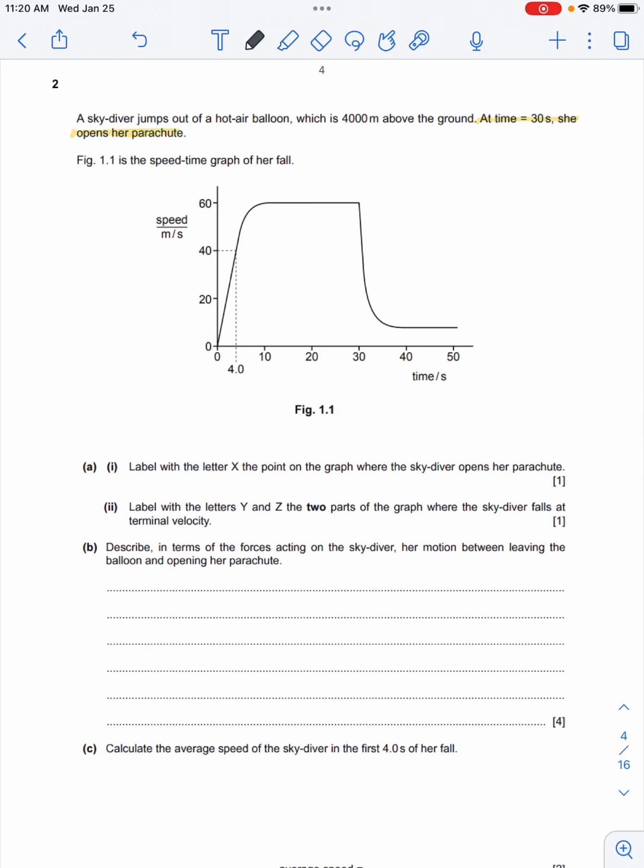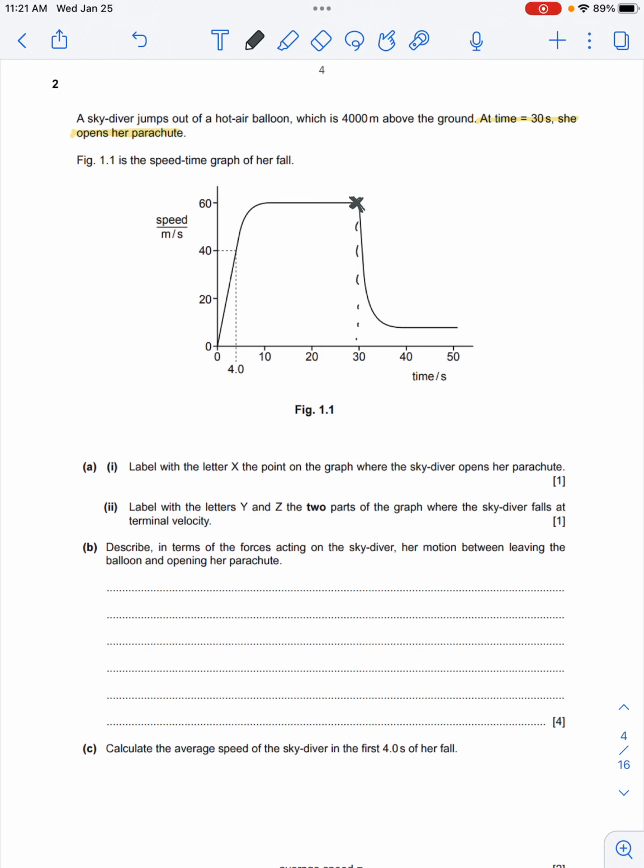So at 30 seconds we're going to draw a little X, and you'll notice that the graph does have a very radical change happening at that point, which makes sense because she's falling on her own, just gravity and friction, and then suddenly she has a very large drag force introduced from the parachute, and that's why the graph changes so dramatically.